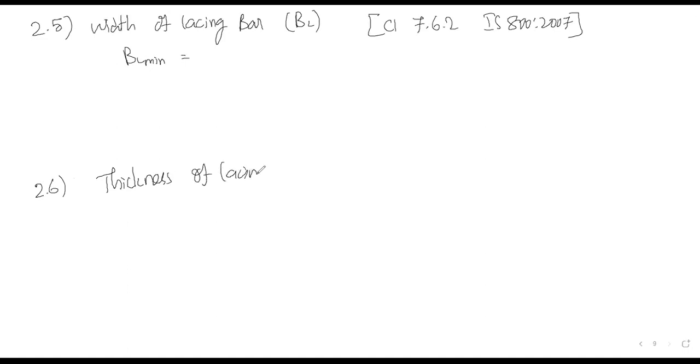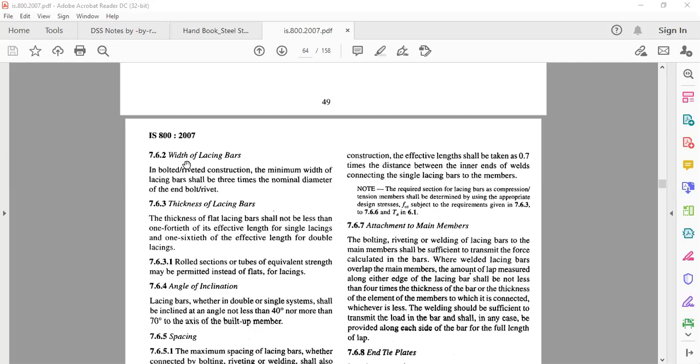Thickness of lacing bar, that is TL. So TL minimum is equal to, from the code book page number 50, the width of lacing bars in bolted or riveted construction, the minimum width of lacing bar shall be 3 times the nominal diameter of the end bolt. So 3 into dia of bolt D, 20 mm we have assumed. Then 3 into 20 means 60 mm we can get.